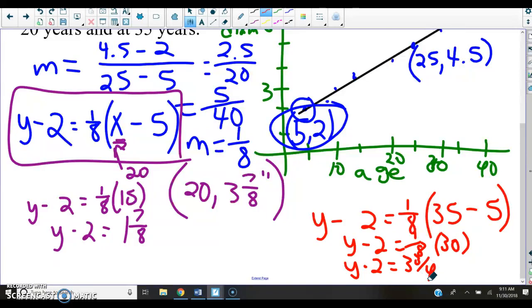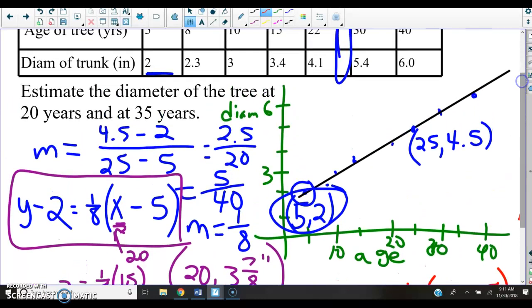So when I add 2 to both sides, at 35 years it's going to be 5 3/4 or 5.75 inches, approximately. And that's another thing. You can look at your data, and between 30 and 40, it's going to be up here. So between 5.4 and 6, yeah, 5.75 is a good estimate.